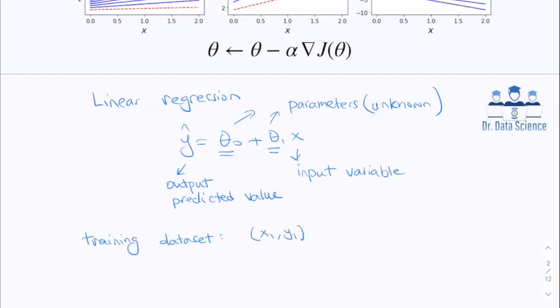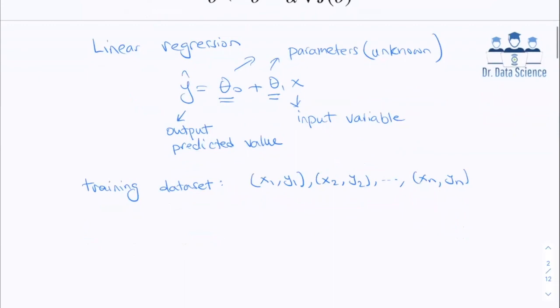So x1 is the input and y1 is the corresponding output or label. And then we have x2 and y2, and we have xn and yn. So we have a set of n observations or n training data points.